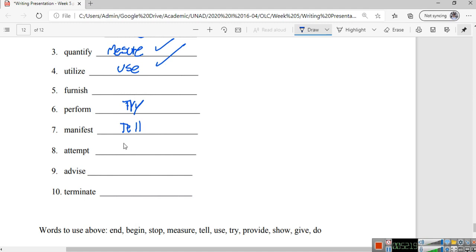No, but manifest, you said it was tell. How about attempt? See, for attempt, serves or respond. Servir o responder. And begin, stop, measure, tell. Teacher, I understand. I used other words.